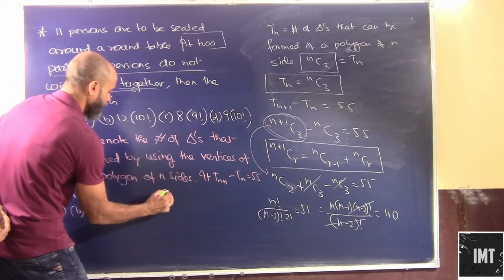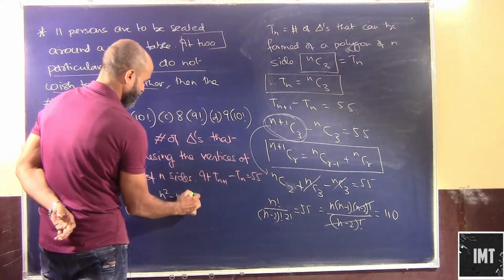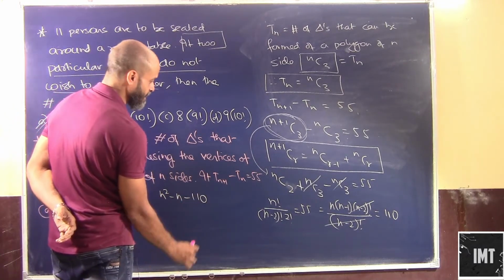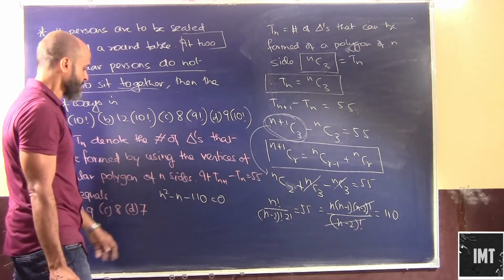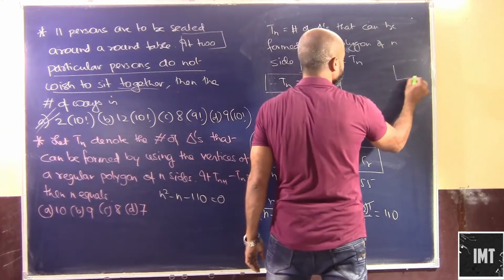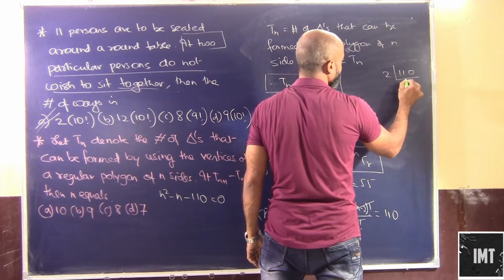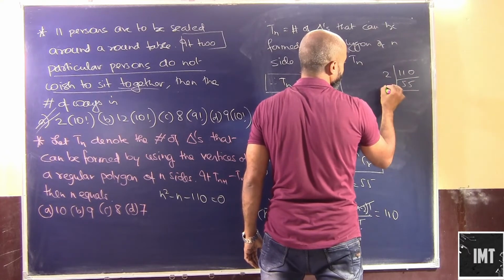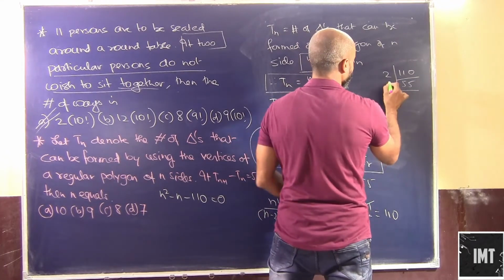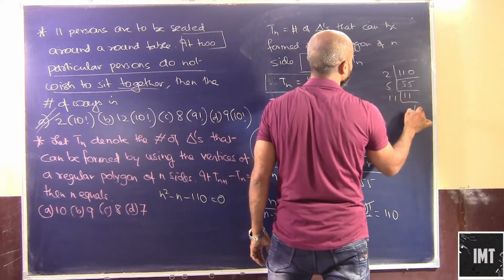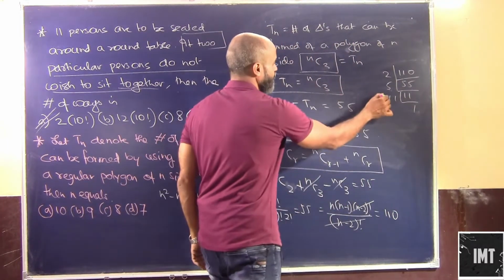We have here n square minus n minus 110 is equal to 0. So this will be 110. 2 5s are 10, 55. 5 11s are 55, so basically 11 into 10.